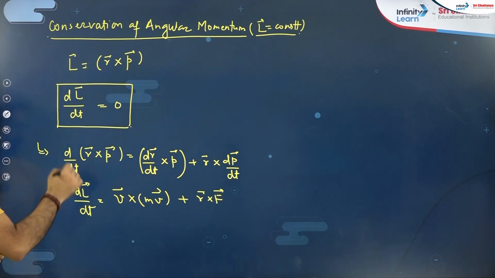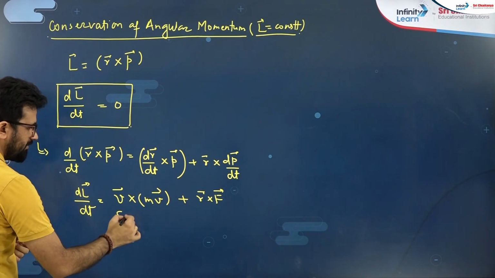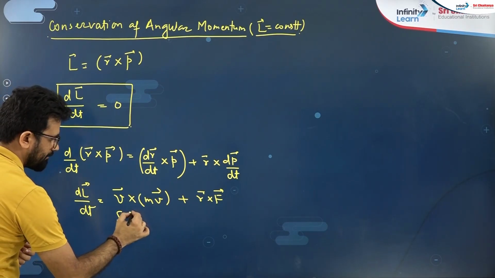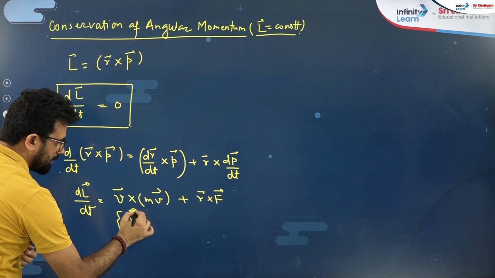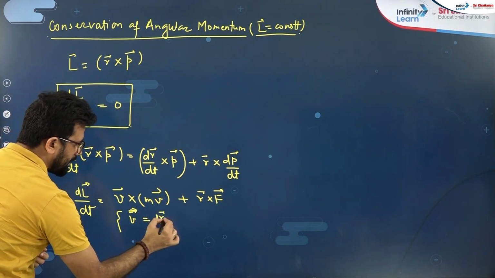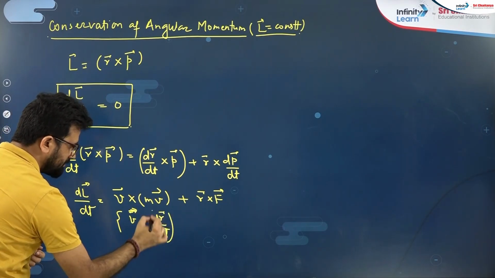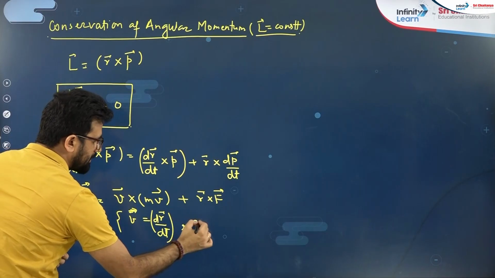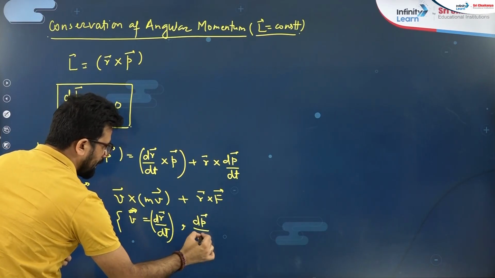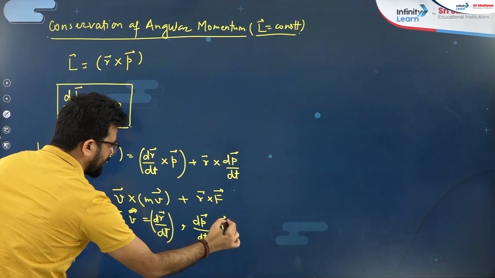So what we have substituted here: one thing we substituted, that v is equal to dr over dt, and the second term, that dp over dt, is nothing else but force, which we already know.